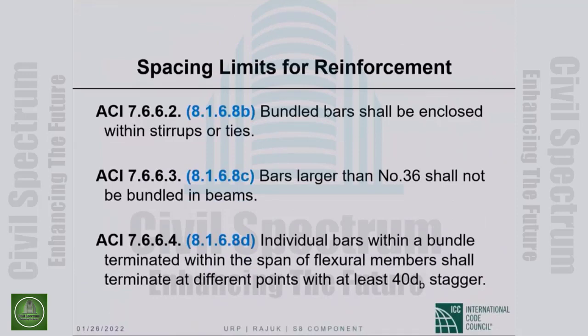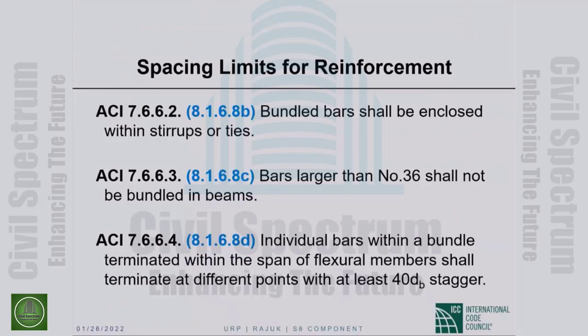Bundled bars shall be enclosed within ties or stirrups, just like column bars. Bars larger than number 36 shall not be bundled in beams. In columns you can do it, in beams you cannot.